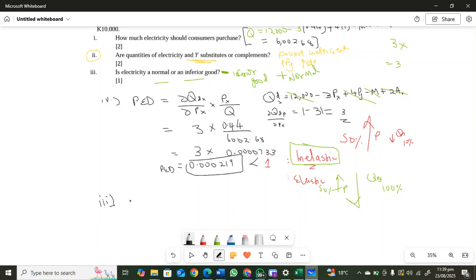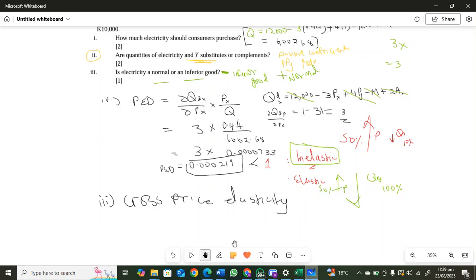If they ask you to get the cross price elasticity of demand, it means how the quantity demanded of one good is affected by the price of another good. So here you're comparing how quantity demanded of Px responds to changes in price of Py.